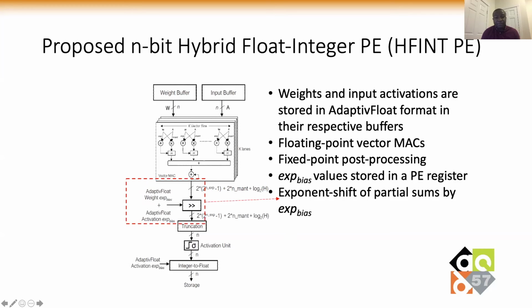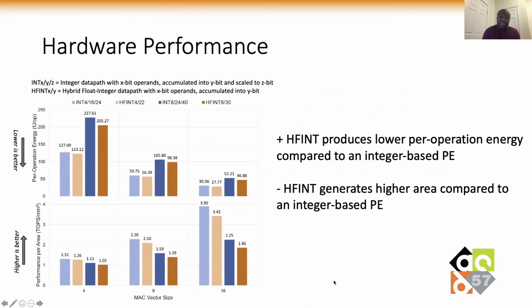Also, we note that during the conversion from floating point to fixed point, we use this exponent bias to shift the partial sum. We analyze the hardware performance by plotting the per operation energy in the top plot and the performance per area in the bottom plot here. Across MAC vector sizes, we can distill here that the hybrid float-integer PE produces lower per operation energy compared to the integer-based PE.